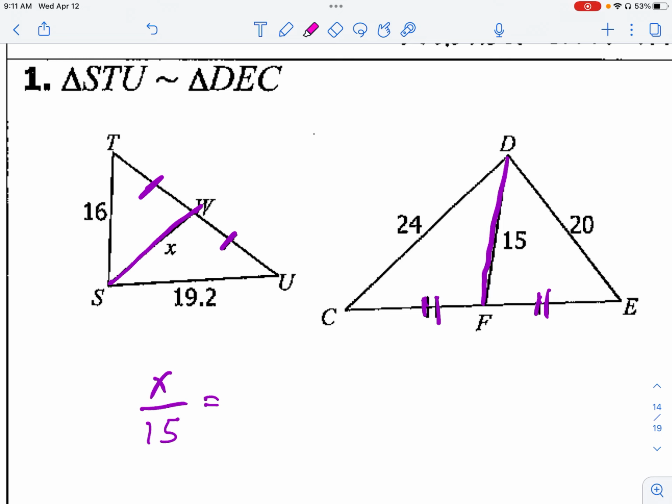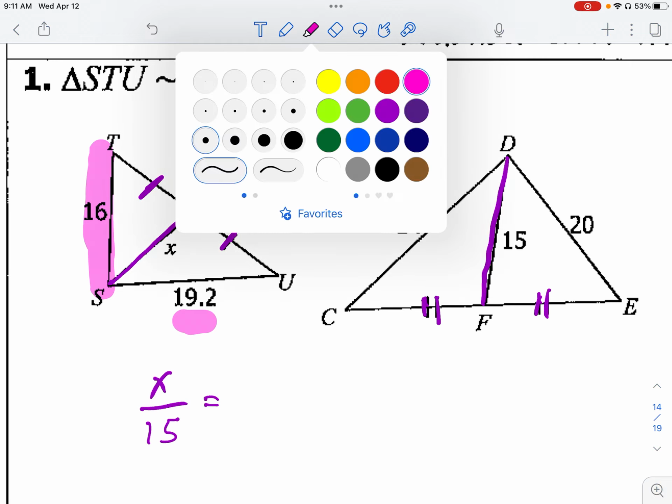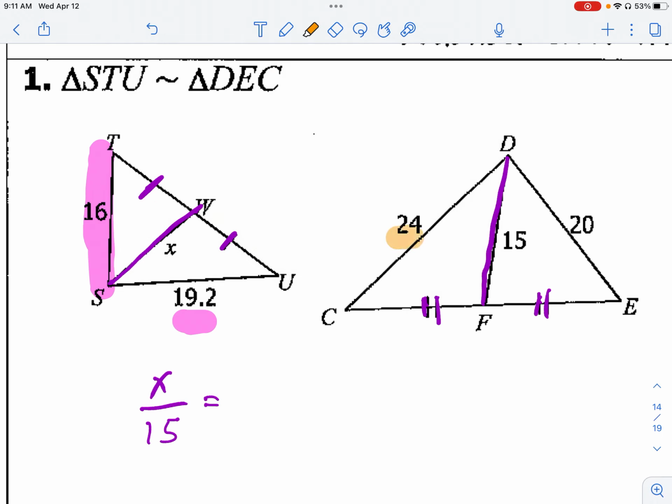So here we got 19.2 and 16. Well, I'm going to choose 16 because it doesn't include a decimal. And then I've got 24 and 20.